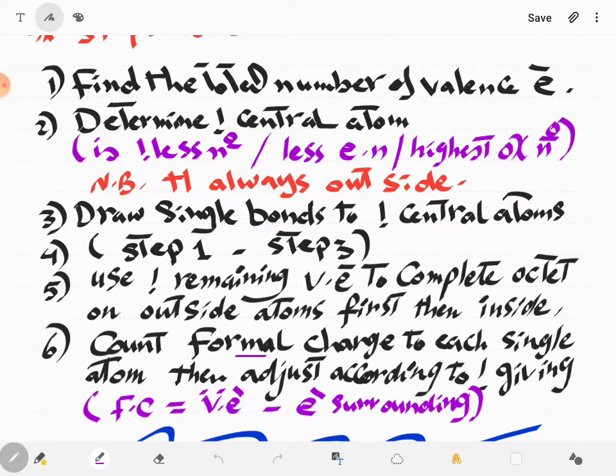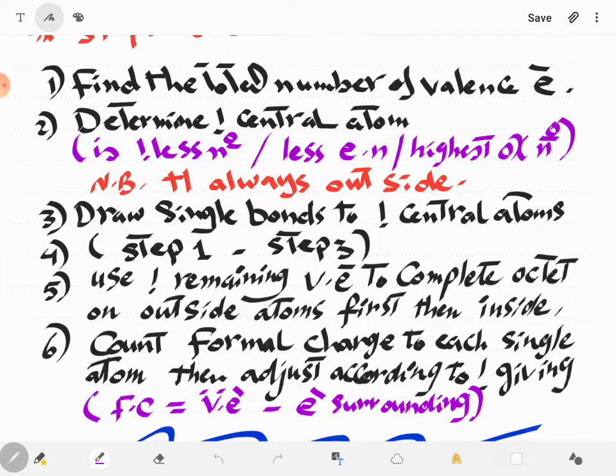After that, count the formal charge, as I showed you. How to count the formal charge? Valence electrons minus electrons surrounding it. So you can get the partial charge on each atom in the compound. After that, what do I do? Check if the main compound is given as having a charge or not, positive, negative, or neutral.